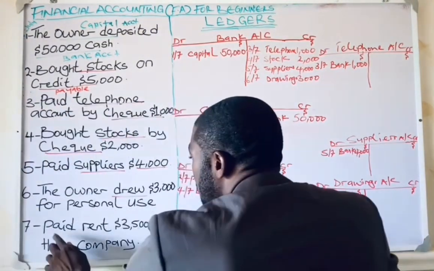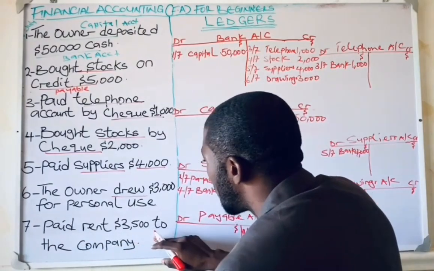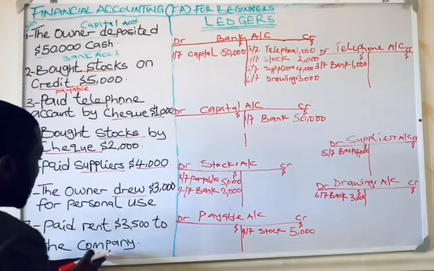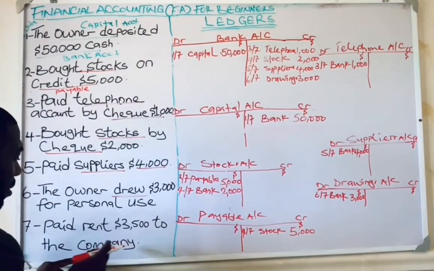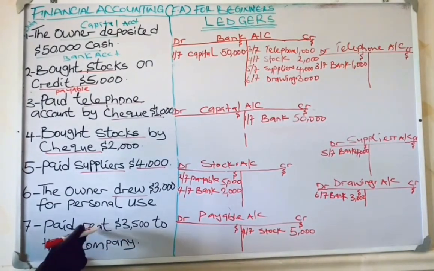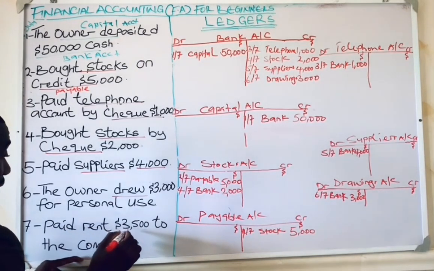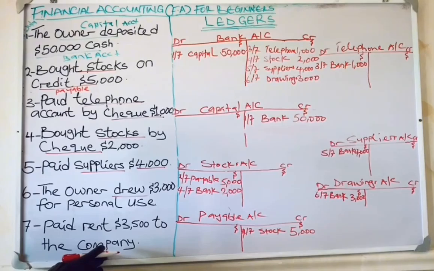Now, paid rent $3,500 to the company. The company is receiving $3,500, not rent. We paid rent. It's not that the rent is receiving. We are paying rent to the company. It is the company that is receiving.